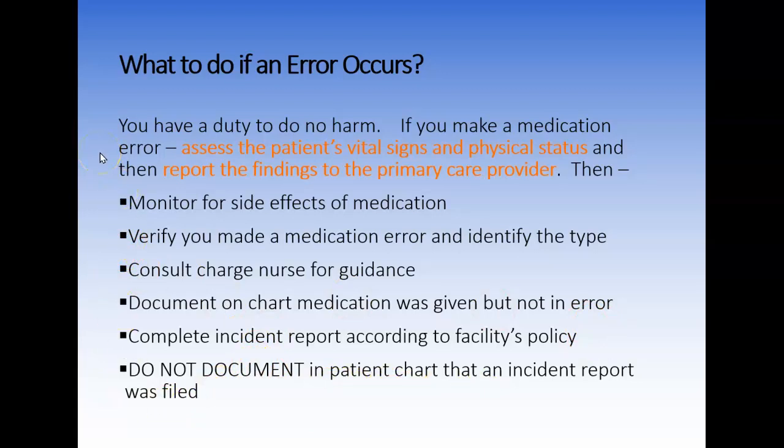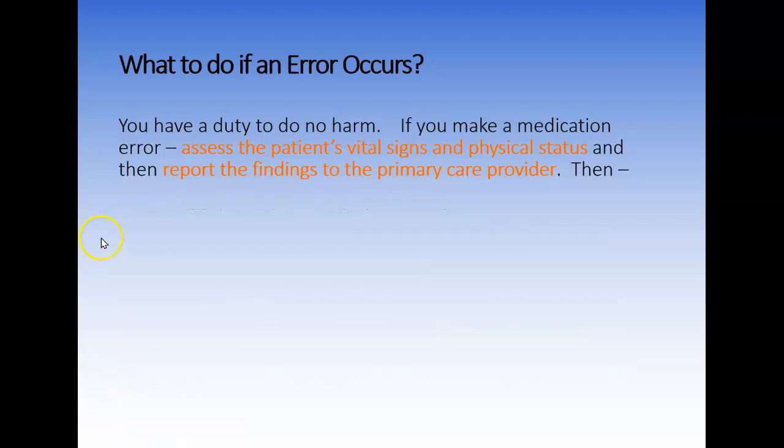This is because an incident report is for quality improvement purposes only, and if you write that the incident report was filed, then it makes it discoverable in court, which takes away the hospital's ability to protect itself from lawsuits based on just trying to improve care. So you don't want to put that in the chart. You just describe what happened.